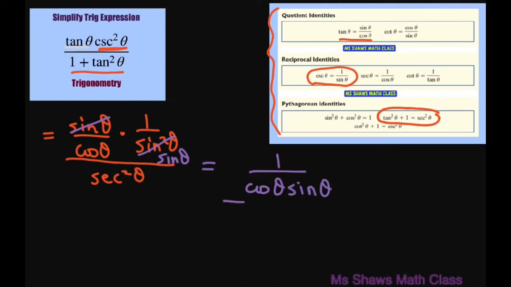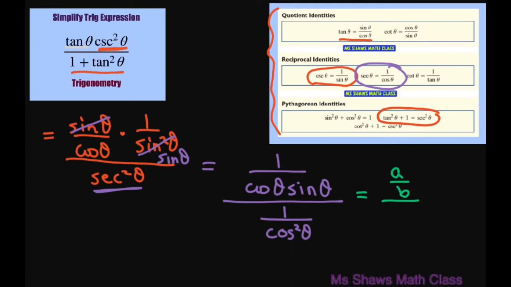And now for my denominator, we have secant squared. So we're just going to do the same thing we did with cosecant. Write this as 1 divided by cosine squared of theta.